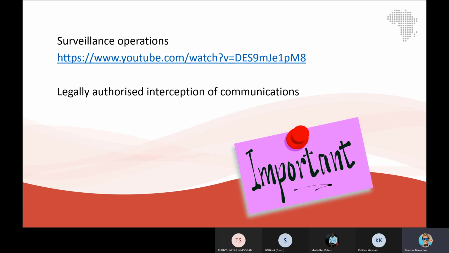In FOR2607, we will deal with those two basic types of surveillance. And it's important that whatever you do is done correctly and legally. The same with the interception of communications. When you're tapping a person's phone or recording conversations, it has to be done legally.